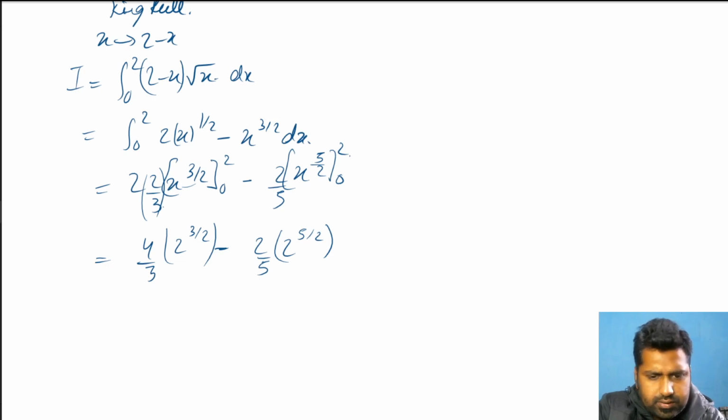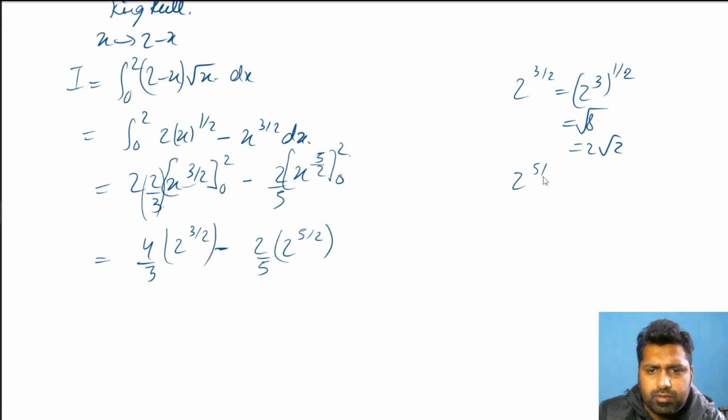What is 2 raised to power 3 by 2? I can write this as 2 raised to power 3, complete raised to power 1 by 2. So basically root 8, that's 2 root 2. Similarly, 2 raised to power 5 by 2 is 2 raised to power 5, complete raised to power 1 by 2. 2 to the 5 is 32 and 1 by 2 means square root, that is 4 root 2.